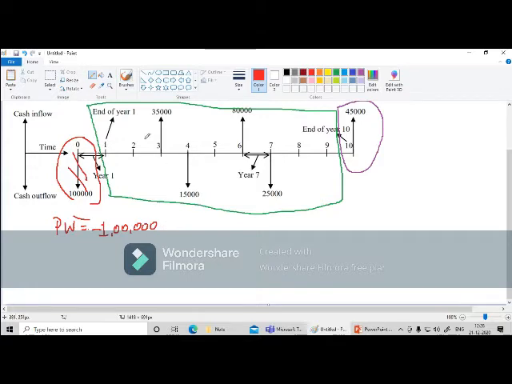But see, there is some 35,000, there is 15,000, there is 80,000, there is 25,000. Okay, so now I need to convert all this cash flow to the present state. So next is plus 35,000, okay, multiplied by, now I want to convert this 35,000, which is from 0th year, it is somewhere in the future.